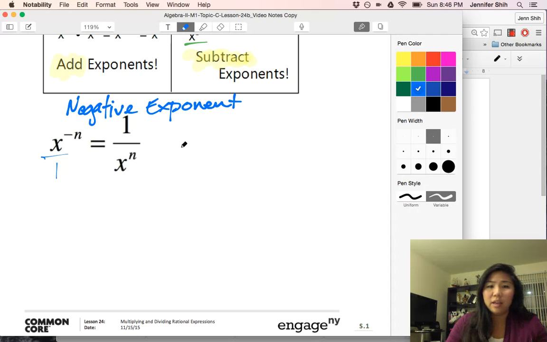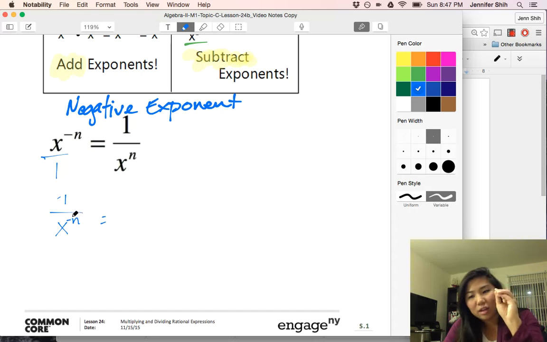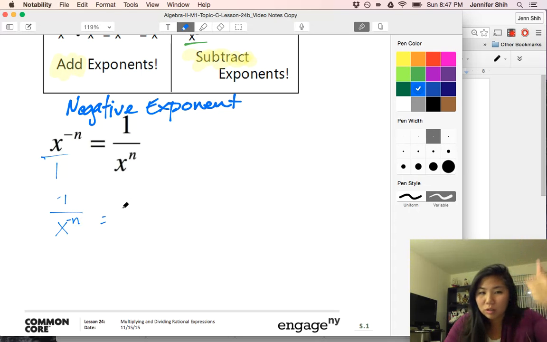If the negative exponent is already in the denominator, say you have x to the negative n, then this negative in the exponent should cue you to move it to the numerator. Then you have x to the positive n. So this is an equivalent statement, and separately, this is an equivalent statement.